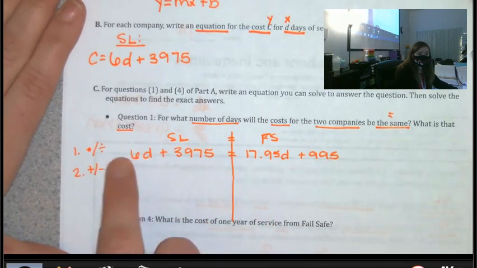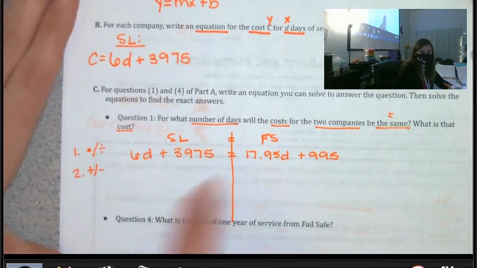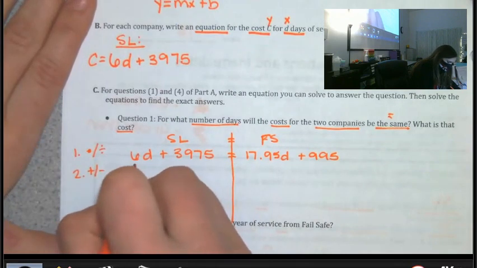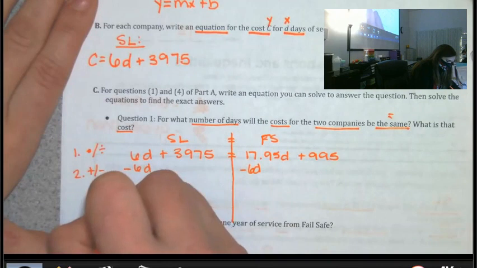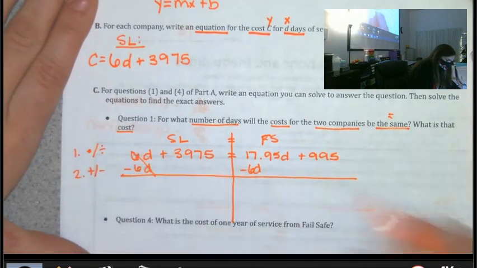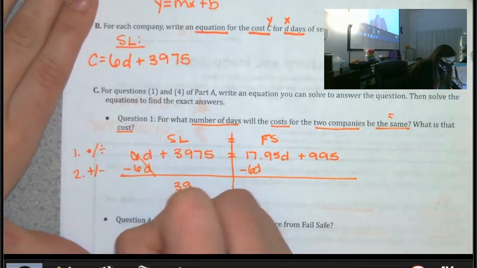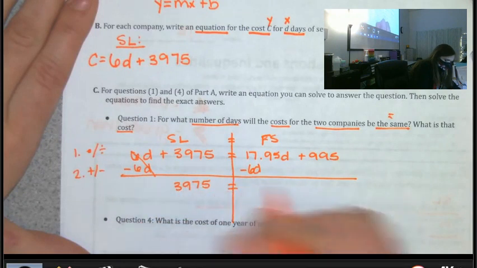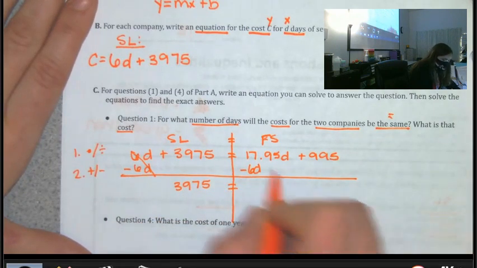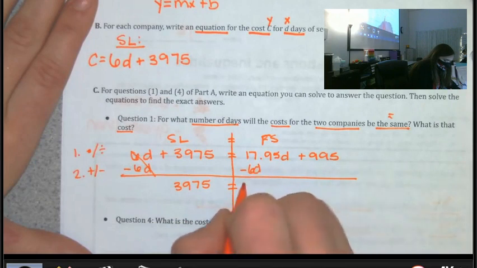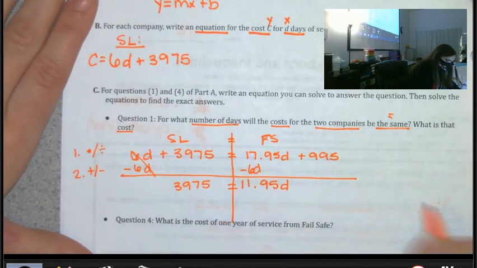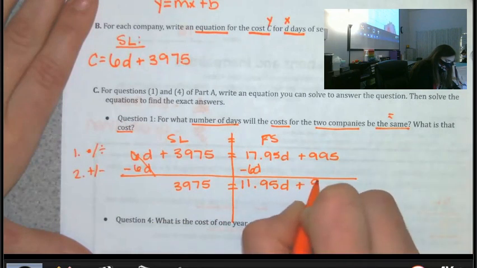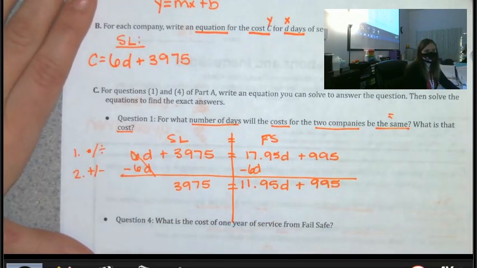So I see that 6 is smaller than 1795, and it's positive, so I'm going to subtract 6D. Now I'm left with 3,975 on the left. And 1795 minus 6 is going to get me 1789D plus 995.